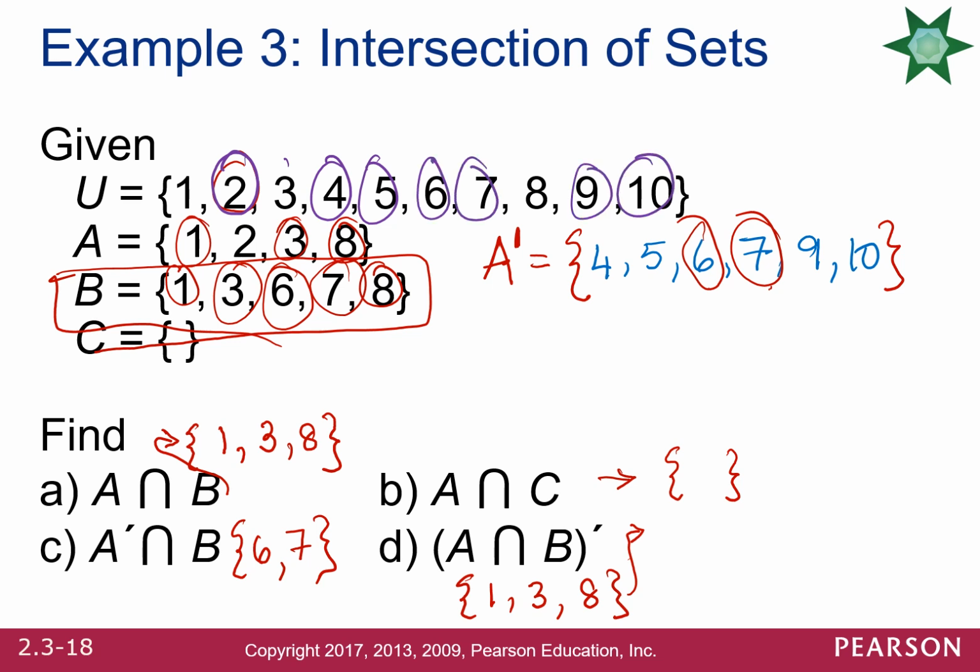So these are the values which would be A intersection B and then its complement. So I'm going to write these in a set: 2, 4, 5, 6, 7, 9, and 10. All right, so this is how we are going to perform operations for the different forms of intersections.